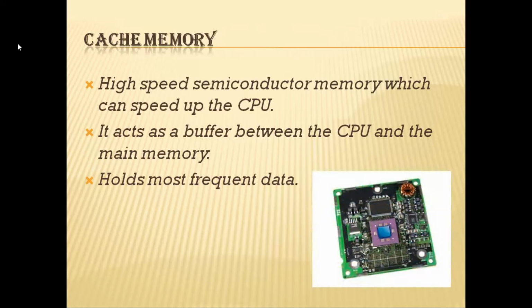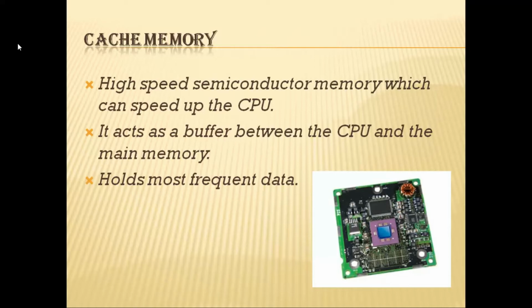It is used to hold those parts of data and programs which are most frequently used by the CPU. That is, the most frequently fetched information will be cached or stored, so that it can be fetched easily and more quickly from the cache memory.